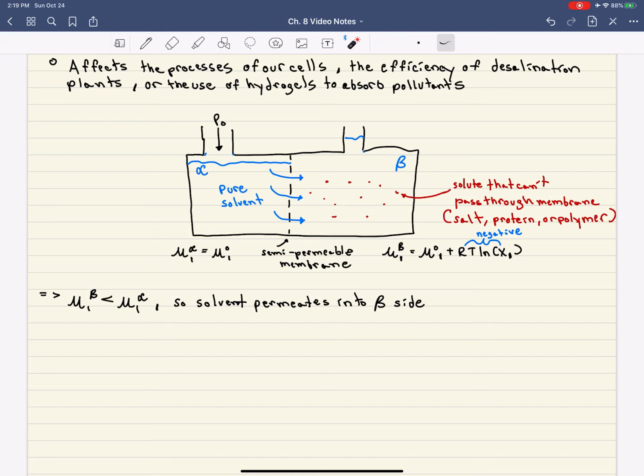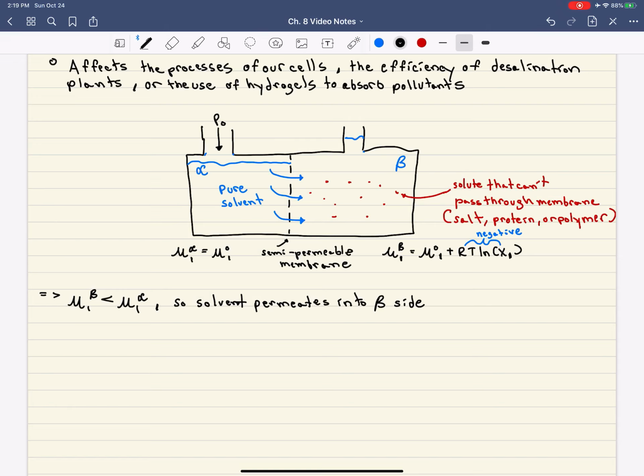And whenever you think of liquid flow, you should always think of pressure differentials. And so if we wanted to stop the flow of liquid, we would have to apply some sort of pressure against that flow, okay, to somehow stop it.